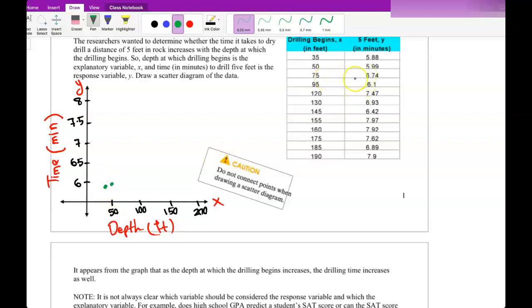Then 75, 6.74. 95, 6.1. 120, 7.47. 103, 6.93.